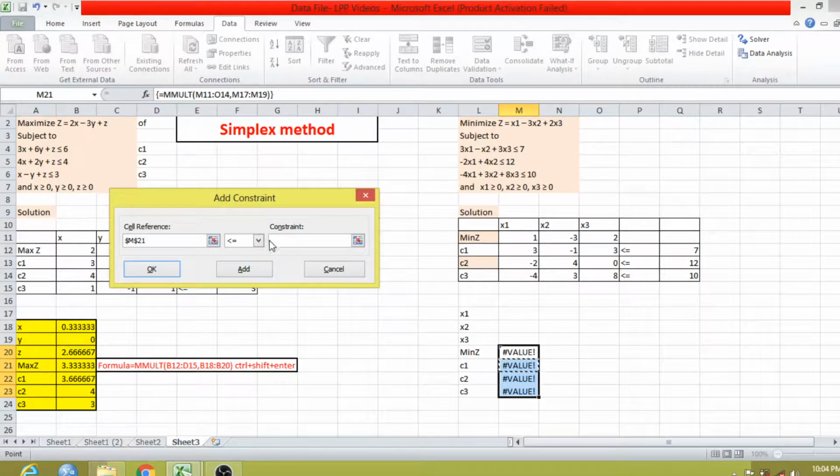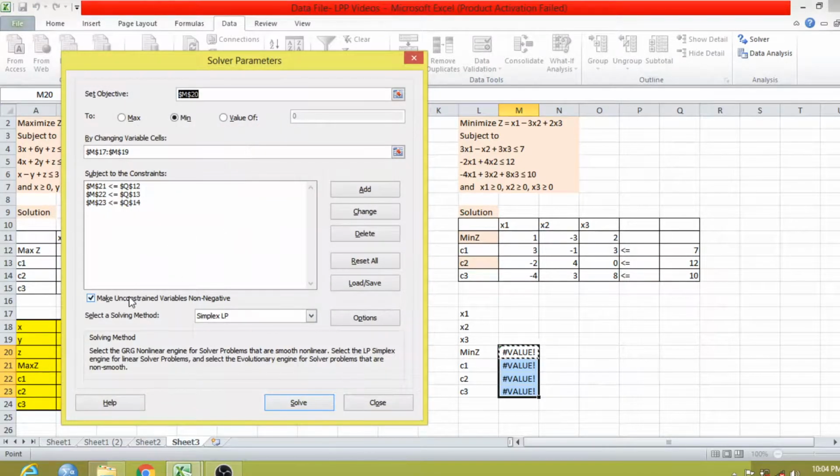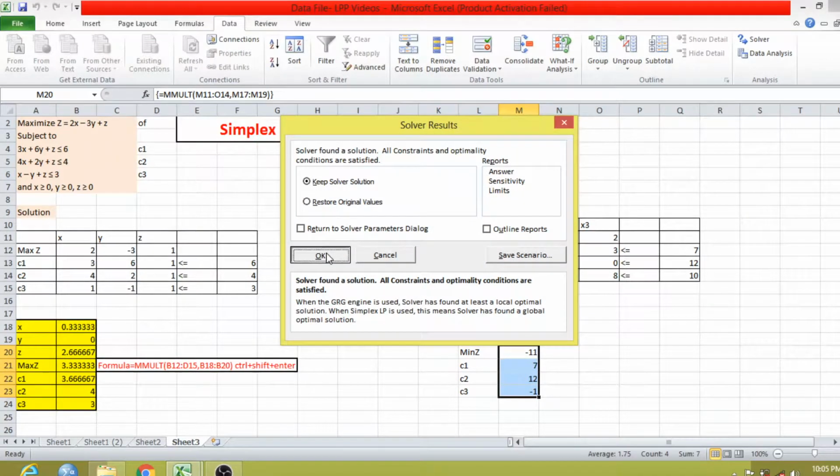So first value, check the sign, then this, check the sign, then value, then add, then sign, check the sign, then value, maximum has been given, add, then third, check the sign, then 10, okay, make sure this will be checked, then simplex method, solve, and this is your answer.